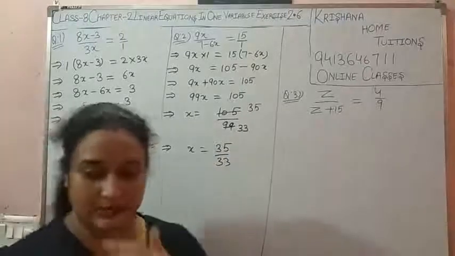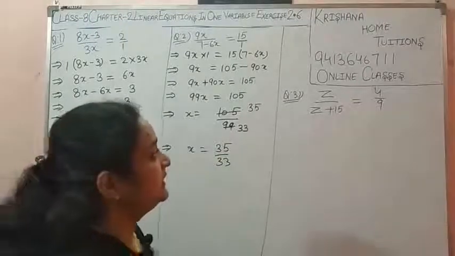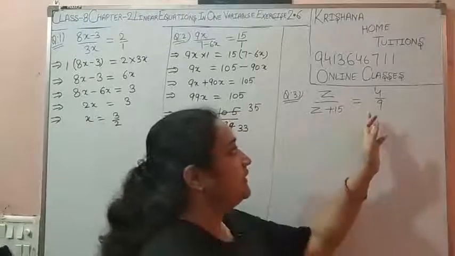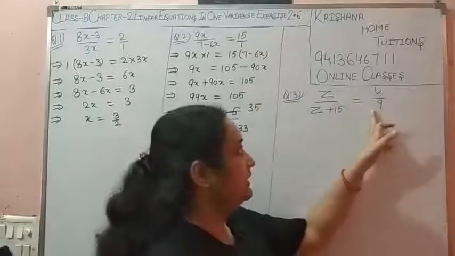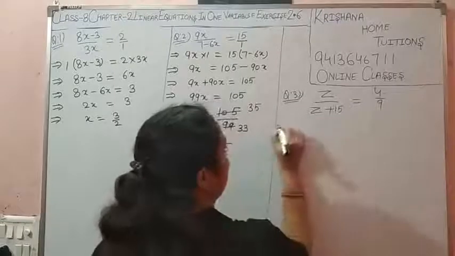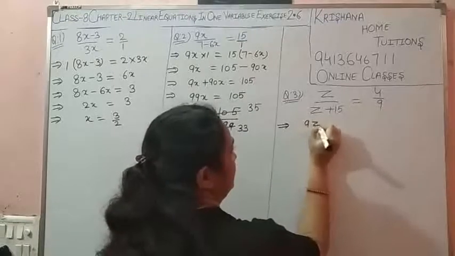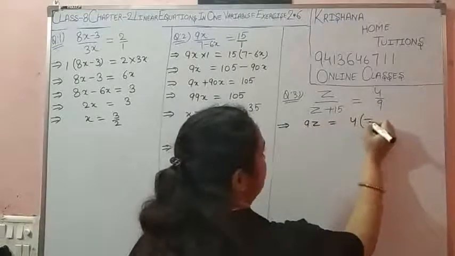Now come to question number 3. In question number 3 it is again the same type of question, but here we do not need to write 1 because the denominator is already there. So I am multiplying 9 with z and 4 with z plus 15.